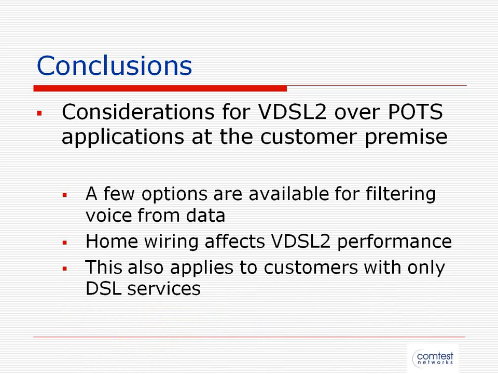I trust you have noticed the results of installing a master splitter was clearly better than microfilters. Even in the case of a single VDSL line without telephone service, installing a master splitter at the entry point can eliminate potential problems and unnecessary truck rolls.